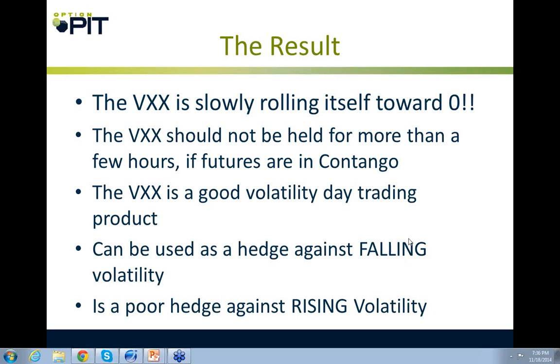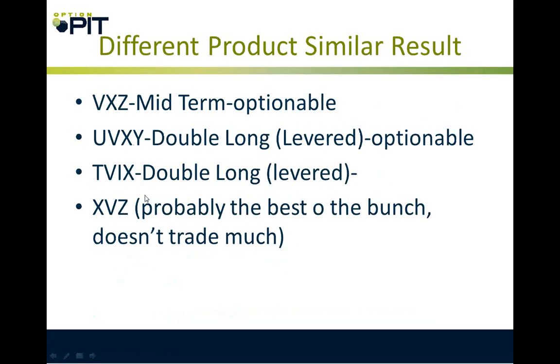All right? It's just a poor hedge against rising. All right, so now, VXE is midterm, and that's optionable, and that's okay. I believe it is not reverse split yet.